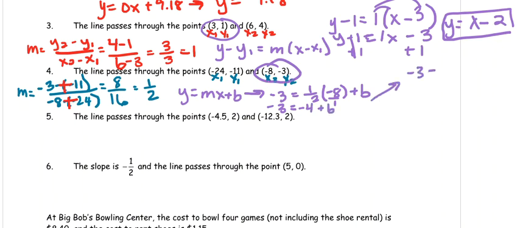I'm just going to rewrite this. So add 4 to both sides. So b equals 1, and our equation is going to be y equals, slope is 1/2, x plus 1.